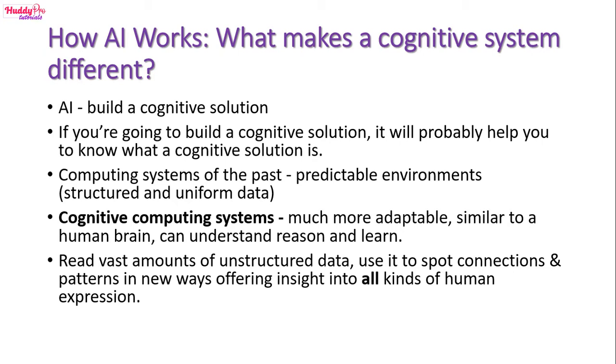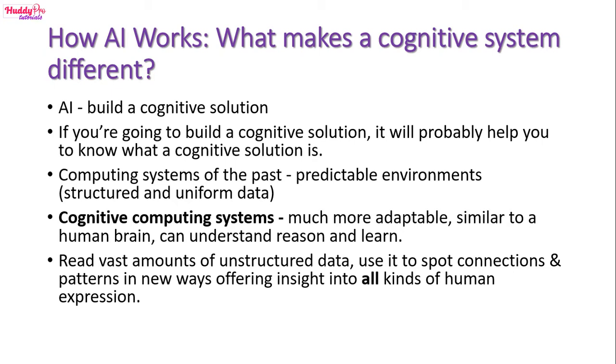Computing systems of the past operated in predictable environments. They used structured and uniform data to perform prescribed operations. Nowadays, we have what we call cognitive computing systems, and these are much more adaptable and similar to the human brain. They can understand, reason, and learn.